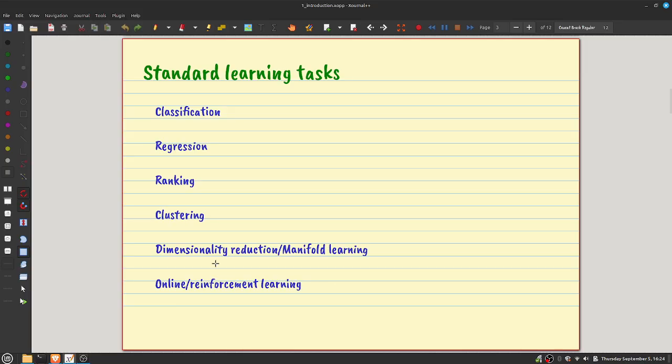Right. So these are two typical learning tasks, and these are essentially the kind of learning tasks that we will look at in this particular course. But there are many other tasks. For example, ranking. You are given a bunch of items and you have to rank them in ascending or descending order, which is the best, which is the worst. Or it could be a problem of clustering where you're given, let's say, a bunch of images.